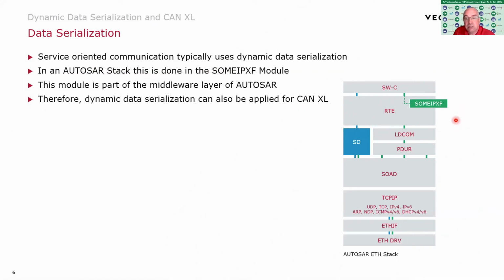And this means it can also be used for CANXL. So that's good news, because if you adapt the AUTOSAR software layer, that's done basically in the lower layers. That means data serialization is already available.